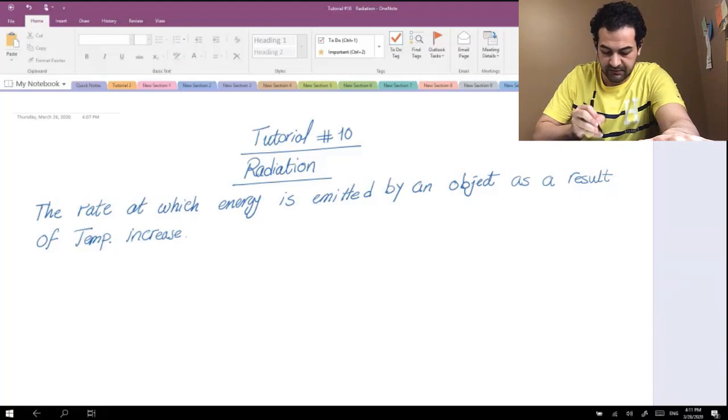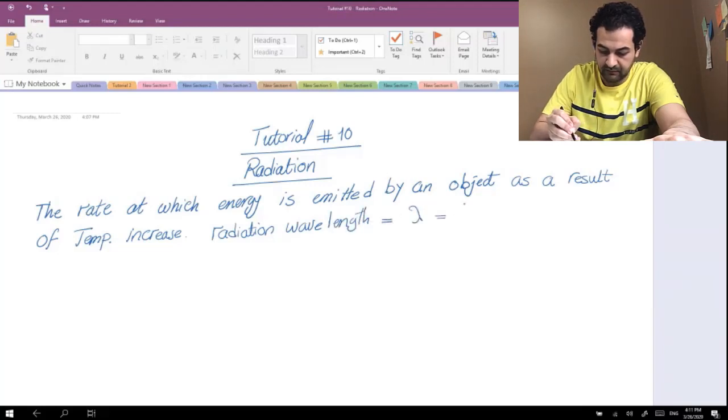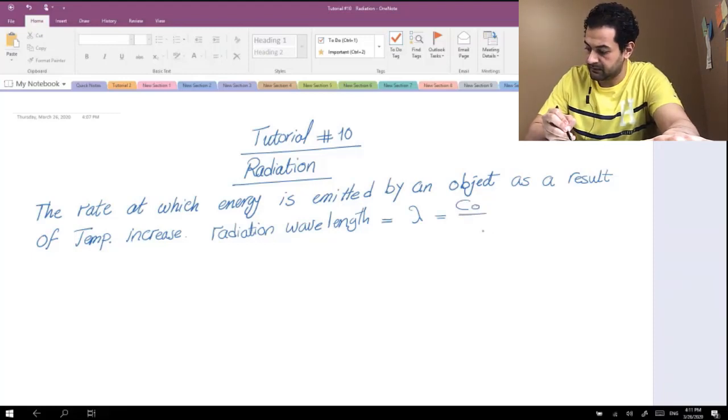So the radiation wavelengths could be given. We call it lambda. Lambda is equal to C node over the frequency.